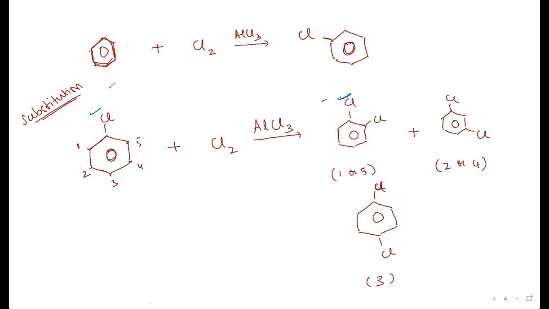Why it differs depends on what kind of functional group is already substituted on benzene. So if you were to practically do this kind of experiment, if you took chlorobenzene and wanted to do a substitution reaction on it, you are not going to get all 3 products.